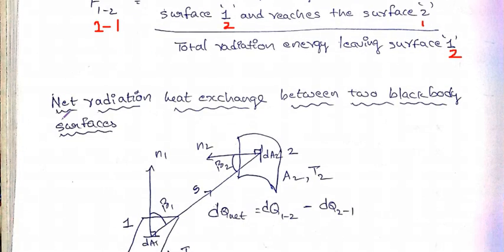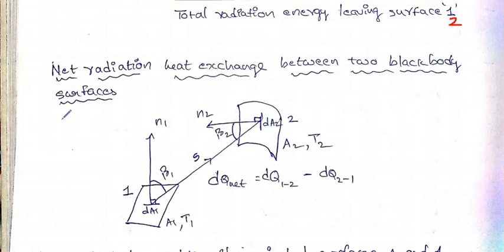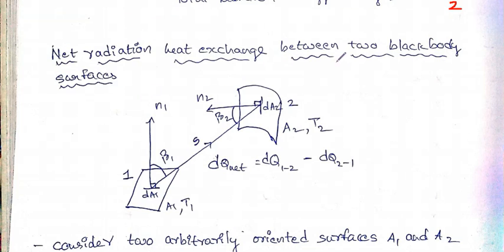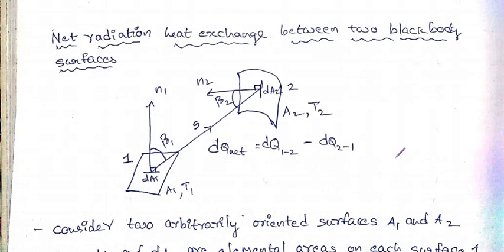And then next, the net radiation heat exchange between two black body surfaces. We will derive an expression for this, that is the net radiation heat exchange between two black surfaces. When the surfaces are black body surfaces, we consider two arbitrarily oriented surfaces.